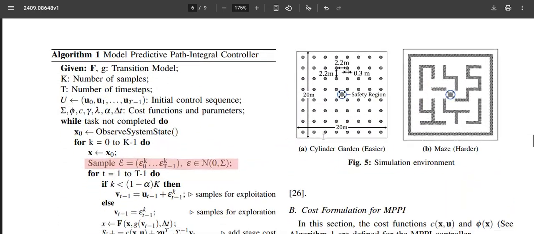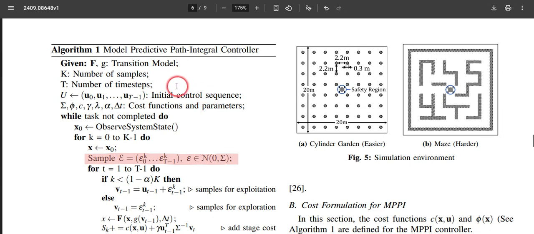So this is the path MPPI algorithm, and we will be inputting the kinematic model, the F and G transition models. Then we'll choose the number of samples K, which can be around 20, and the total number of time steps. Then we'll have the initial control sequence, and these are some of the hyperparameters that have to be chosen.